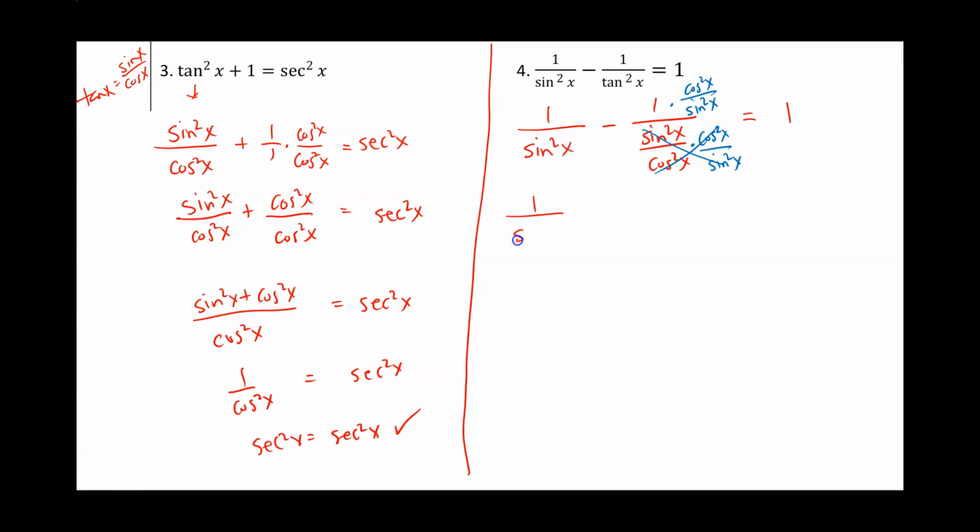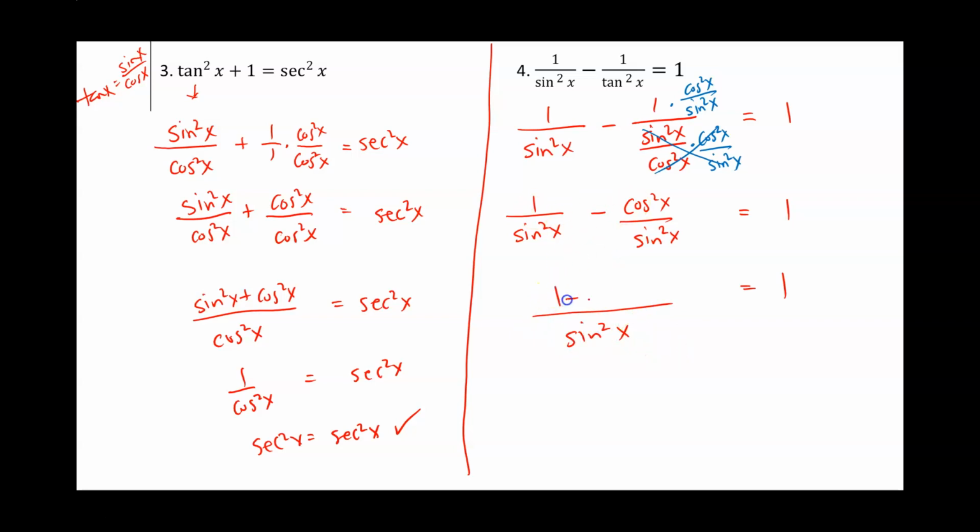So we have 1 over sine squared of x minus, this is cos squared over sine squared, and that equals 1. We already have a common denominator, so we don't have to do anything there. We already got a common denominator of sine squared of x.